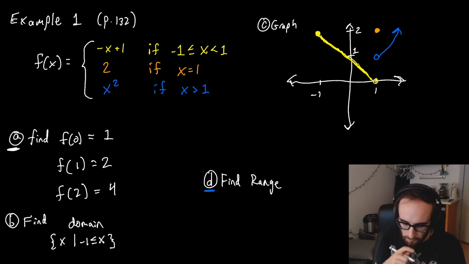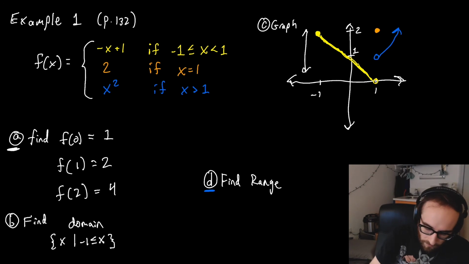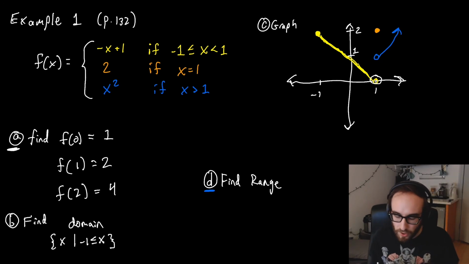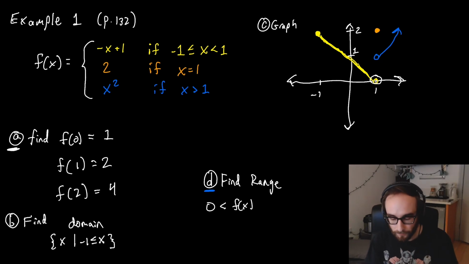So as we can see from our function, if we look at our range up and down, here, if we look at our first equation, our function gets close to an output of 0, but doesn't actually have an output of 0 because we have an open circle there. So we know that our range, f of x, is going to be greater than 0, but not equal to.